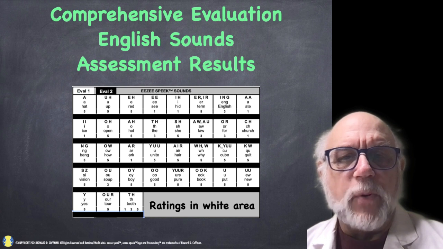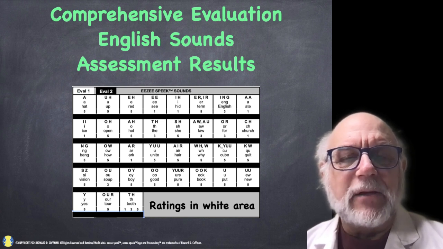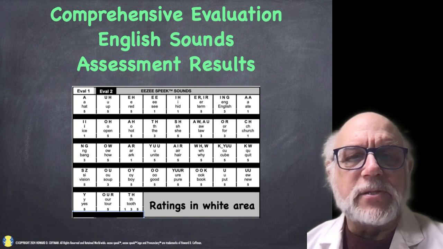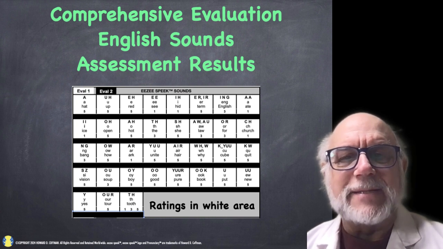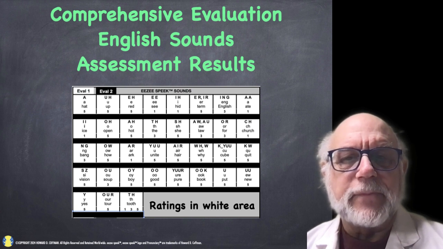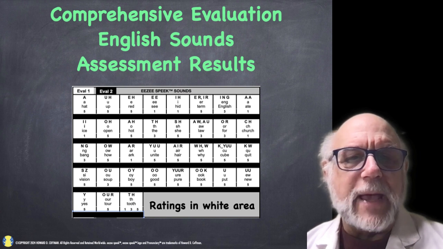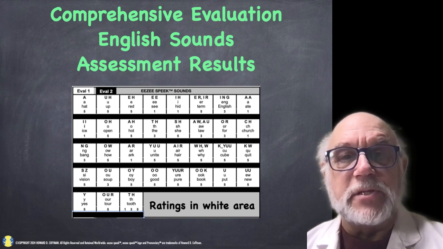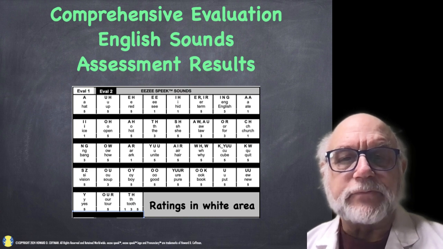I do want to point out that the E on the top line in the middle is scored as a 1, as is the IH sound next to it. The A in 8 is weak and scored a 1, as is the I in ice. So these are your primary vowels.